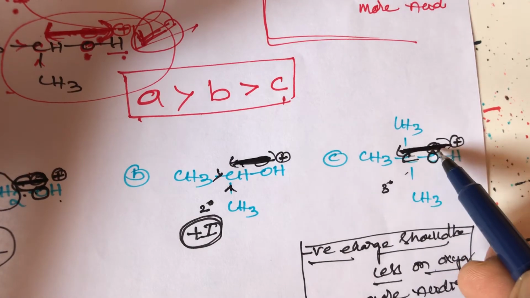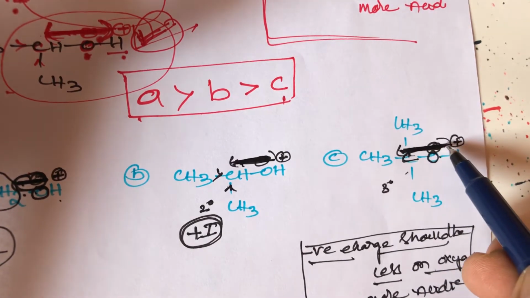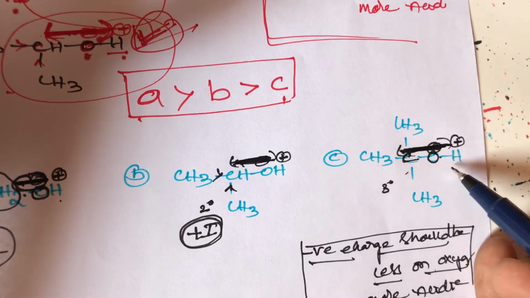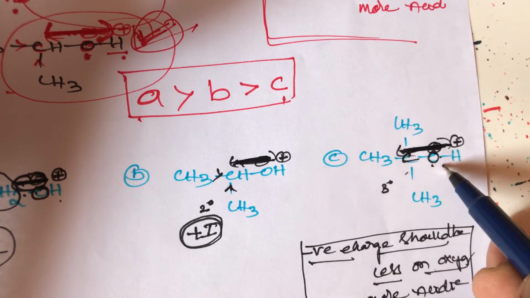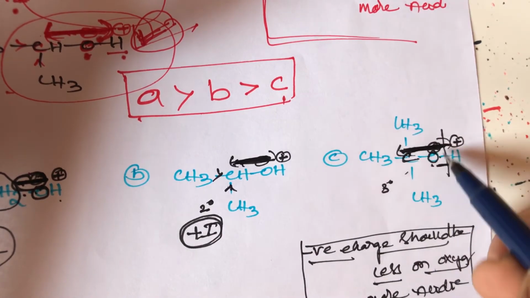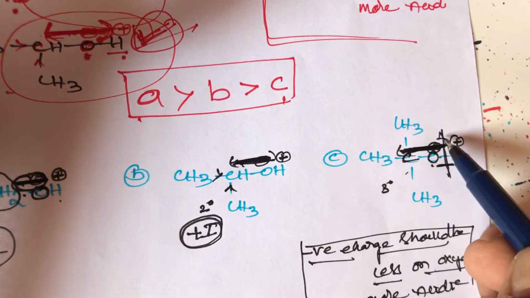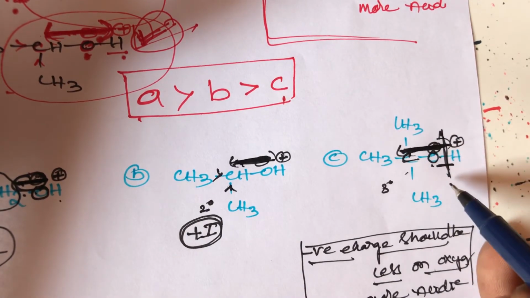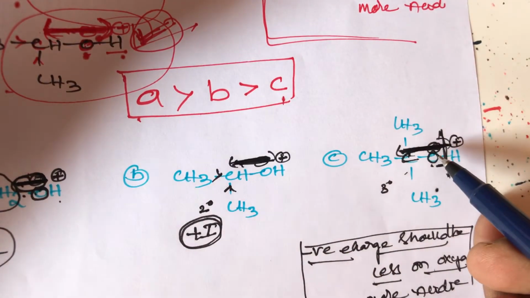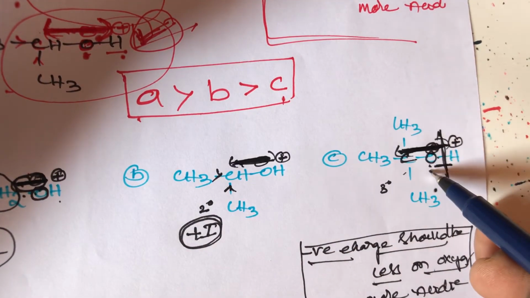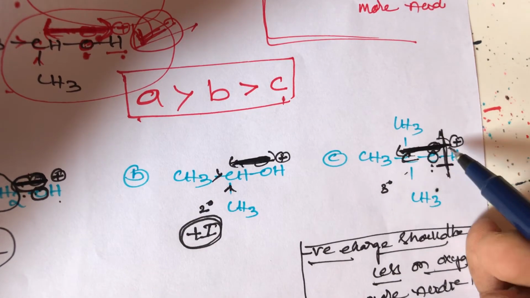Because more density is present on oxygen, strong attraction forces are present between oxygen and hydrogen. So bond cleavage is not easy. Bond breaking is not easy in the C compound. Due to the more negative charge on oxygen, there is more attraction, so H plus cannot break easily.